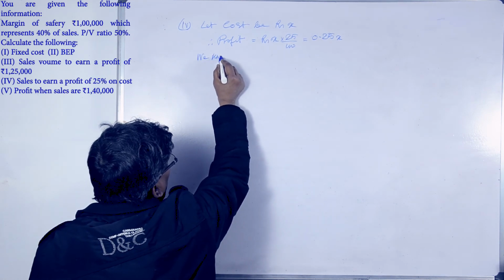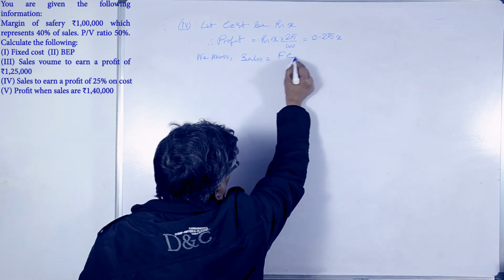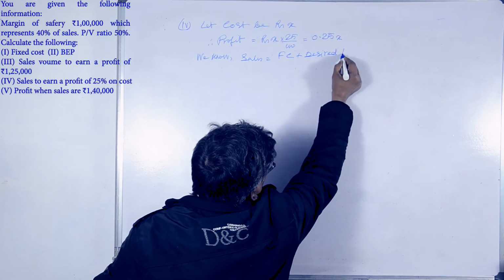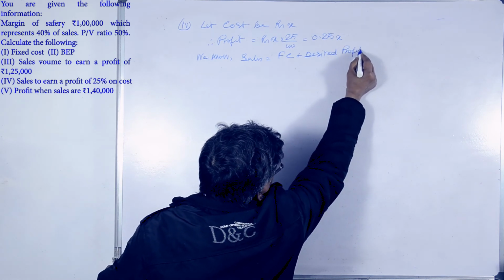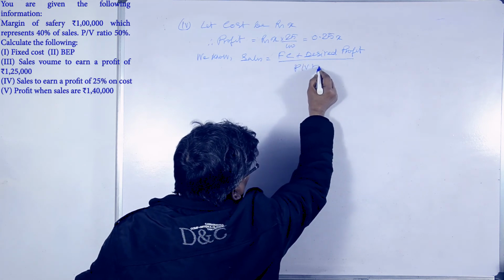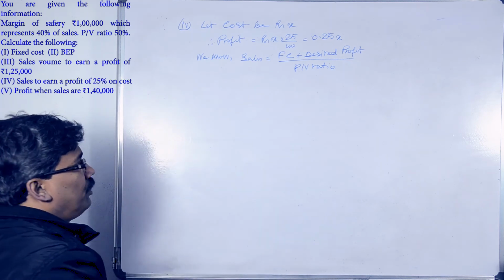Again the same formula, we know sales equals to fixed cost plus desired profit divided by PV ratio. Sales equals to cost plus profit.